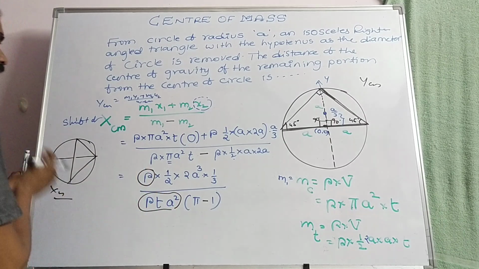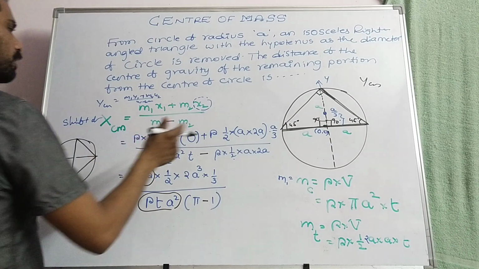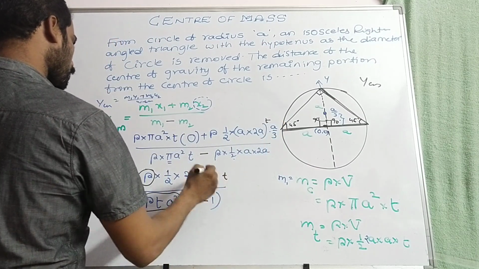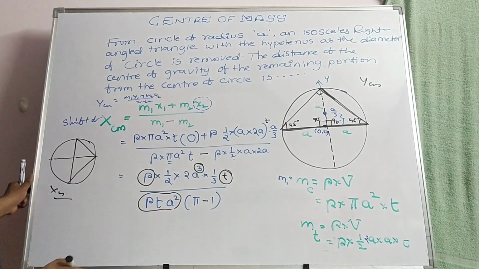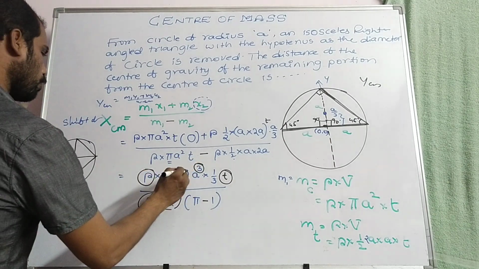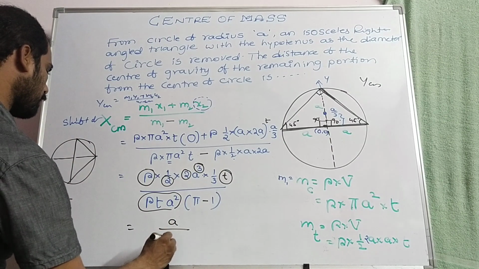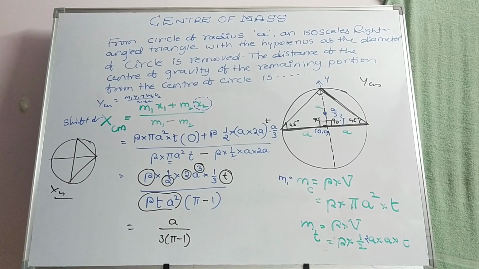Rho gets cancelled, thickness gets cancelled, the cube gets cancelled, and 2 gets cancelled, so that is equal to a by 3 into pi minus 1. a by 3 into pi minus 1 will be the answer. It's the shift of xcm, from the center of gravity of the remaining part.